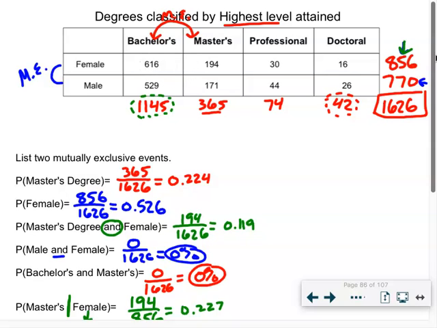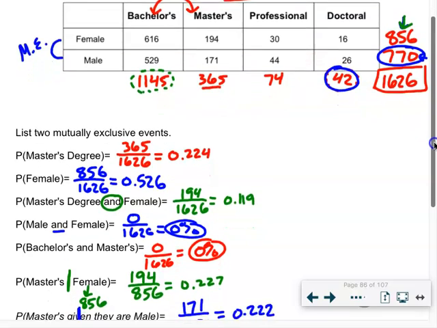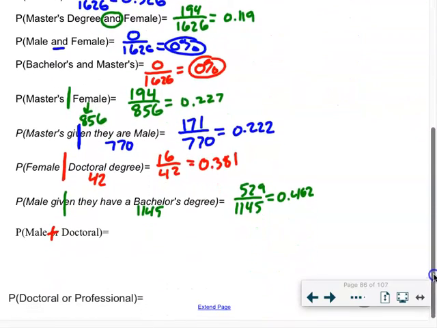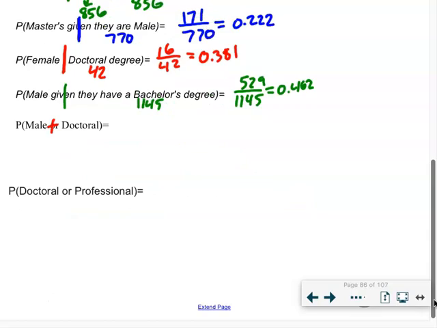So the number of males and the number of doctoral degrees. Remember that we had overlapping and non-overlapping events. So first, I'm going to look at the number of males, which again was 770. The number of doctoral degrees was 42. So this is not a given problem.